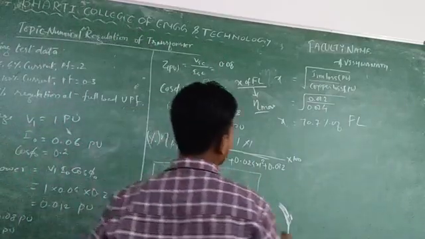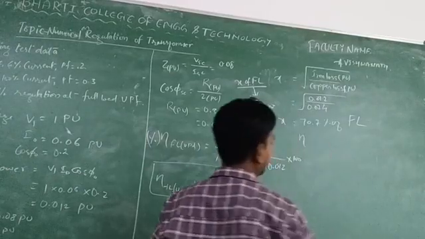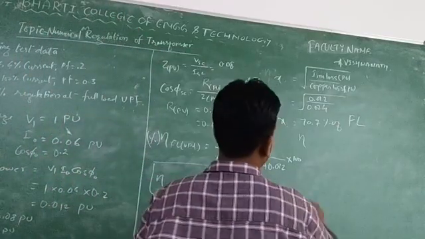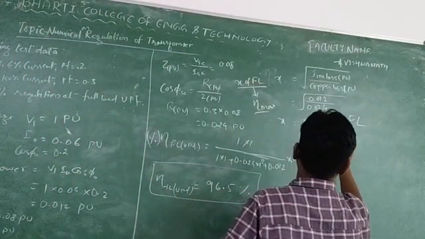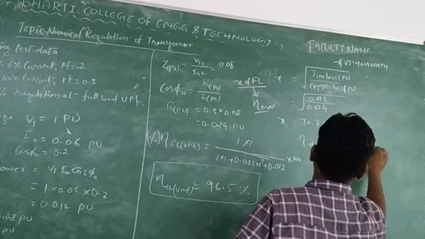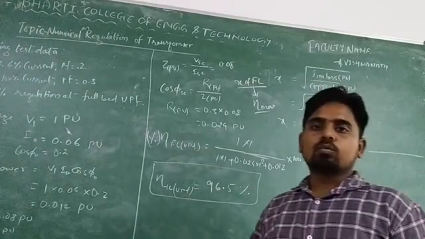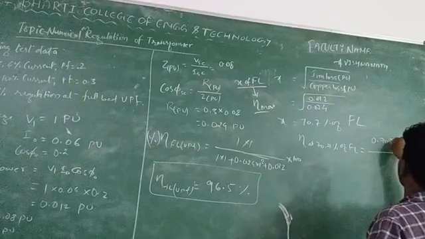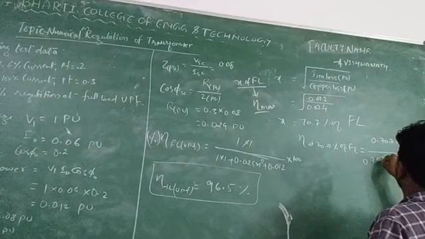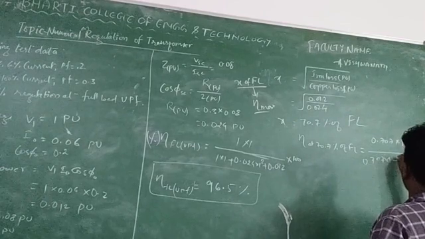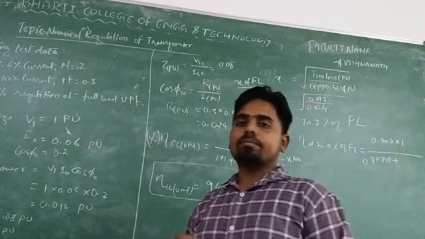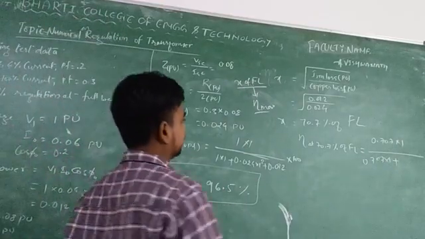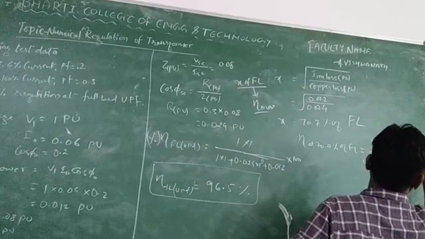So we can find the efficiency at 70.7% of full load. Now the loading is 70.7%, it means 0.707 into 1 upon 0.707 into 1 plus, since the maximum efficiency is possible when the copper loss and iron loss are both equal, 2 into 0.012.